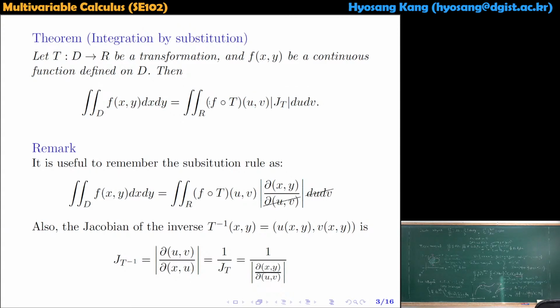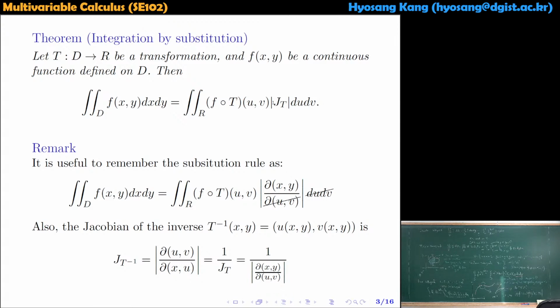So I have to compose this function f and the transformation T, and also I have to multiply this JT term, because when I transform this region from the xy plane into the uv plane, the ratio of the areas of corresponding regions is not equal to 1.